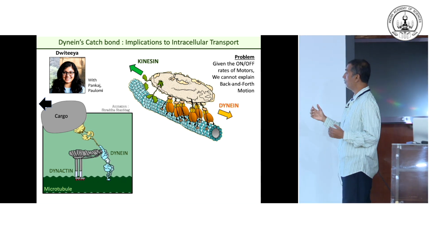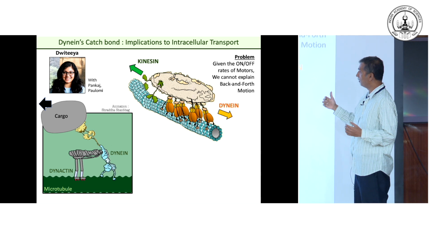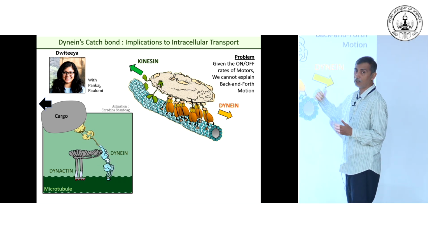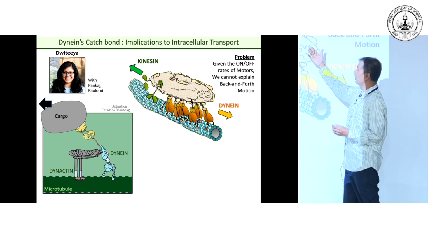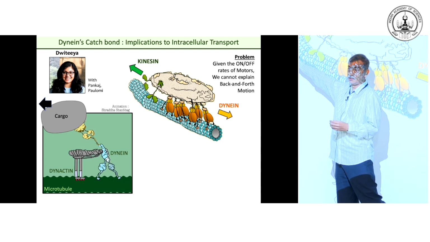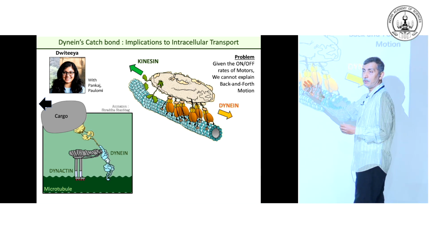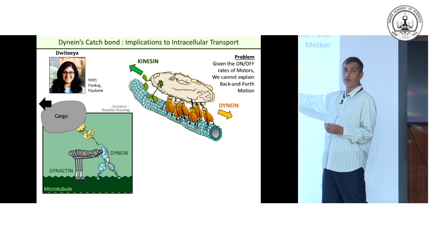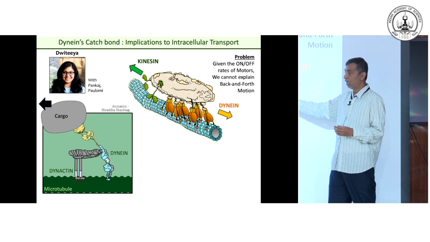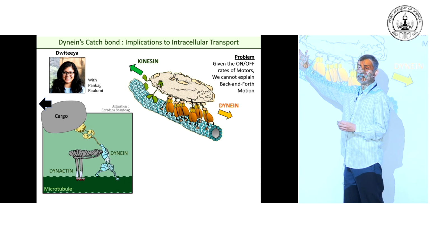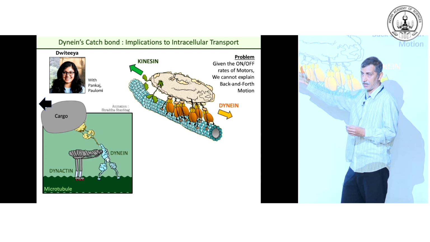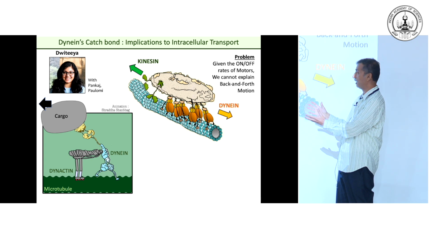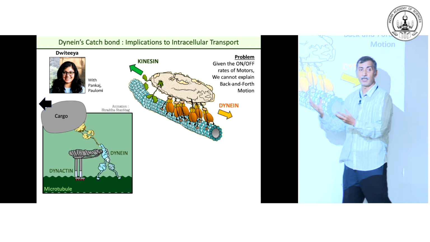Okay, so now what we realize is that given the on rates and the off rates, if you have this kind of an arrangement, you can never get this object to move in this direction. Because there are so many of these motors with a given on rate, one or the other of these will always be attached. These will never get a chance most of the time. But you do require this asymmetric arrangement where these motors are much weaker.